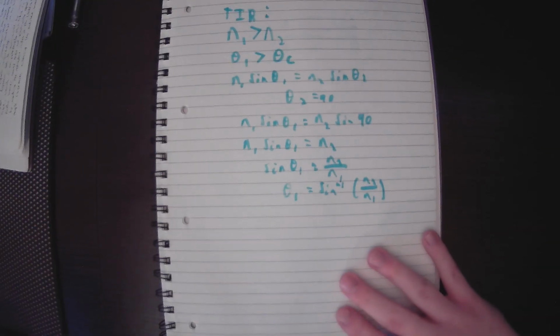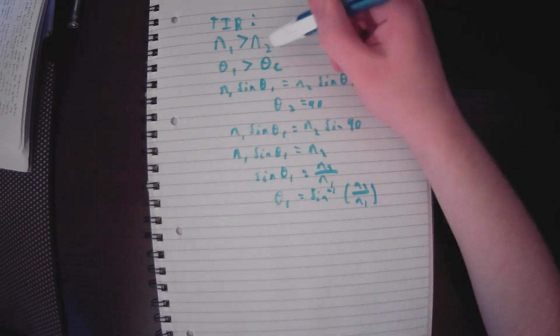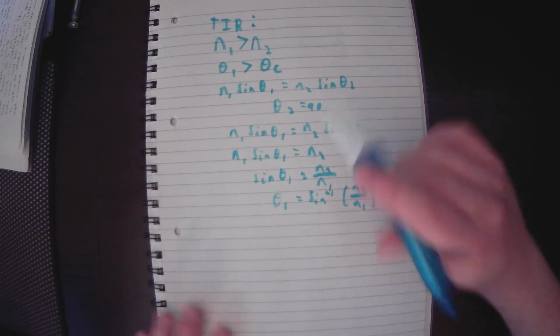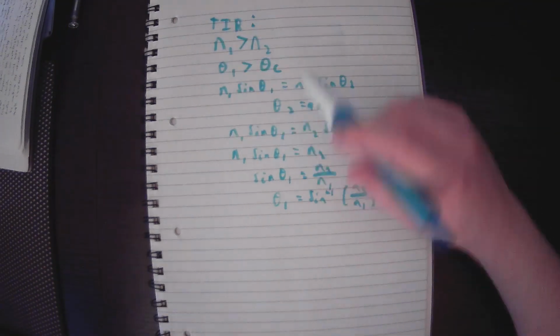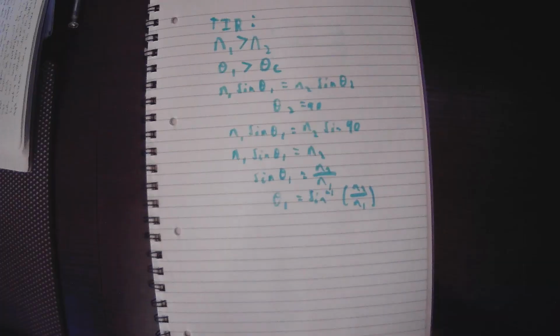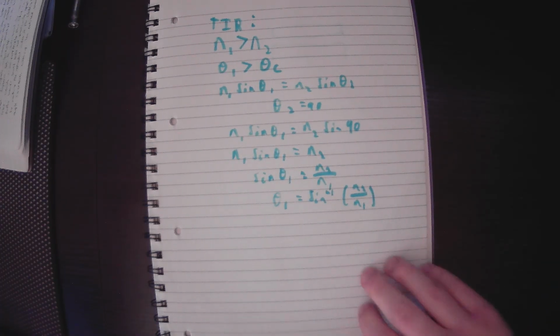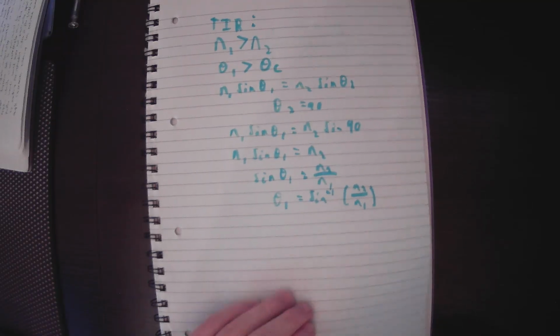If we go over our conditions for total internal reflection, we're going to require that the refractive index of the core is greater than the refractive index of the cladding, so that total internal reflection can occur.